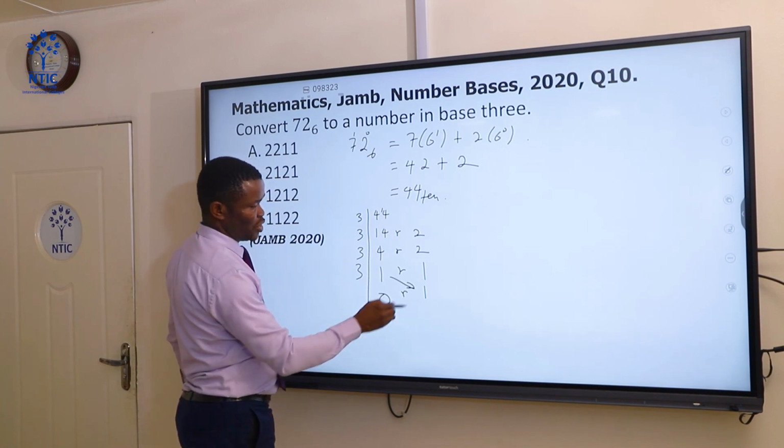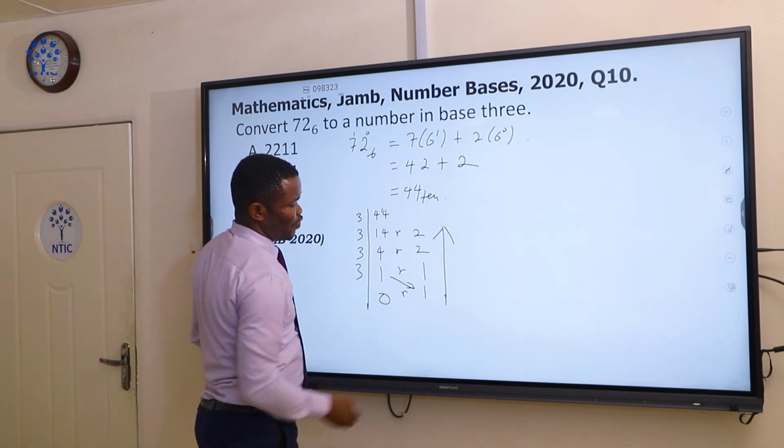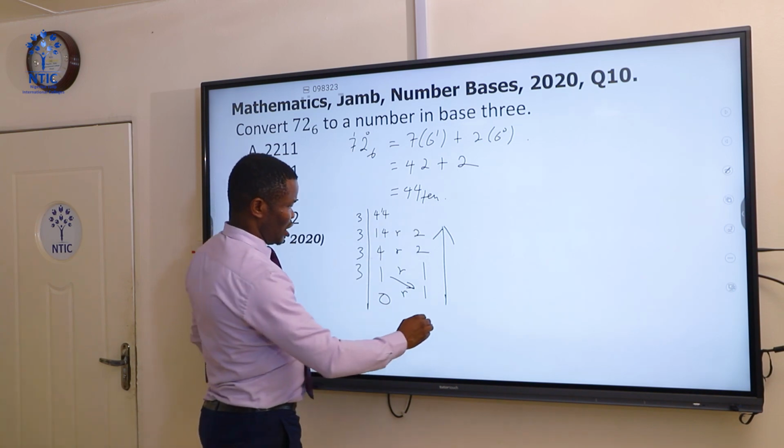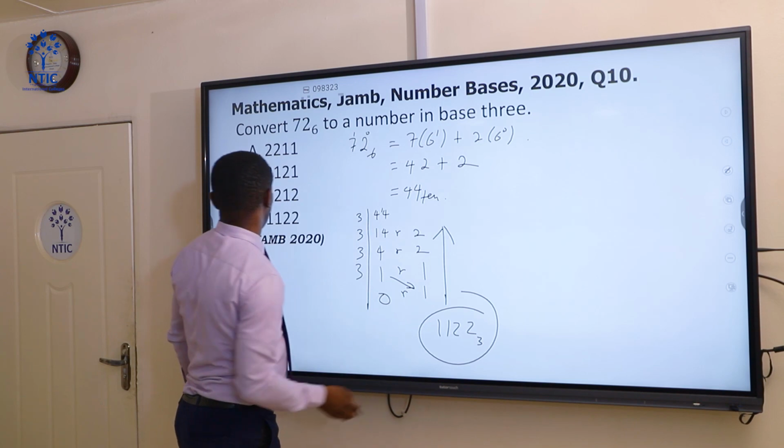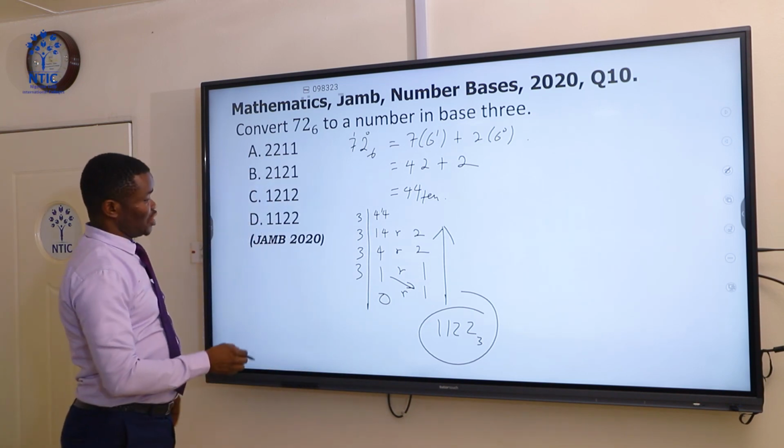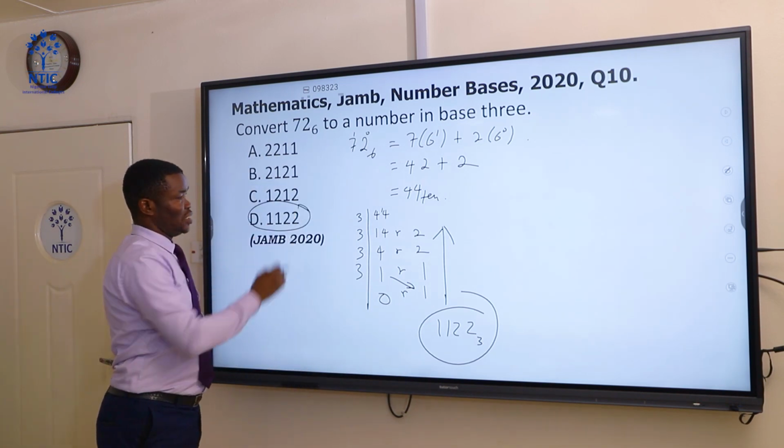I take the answer from bottom to top, and you are going to have 1, 1, 2, 2 in base 3. So the answer is going to be D.